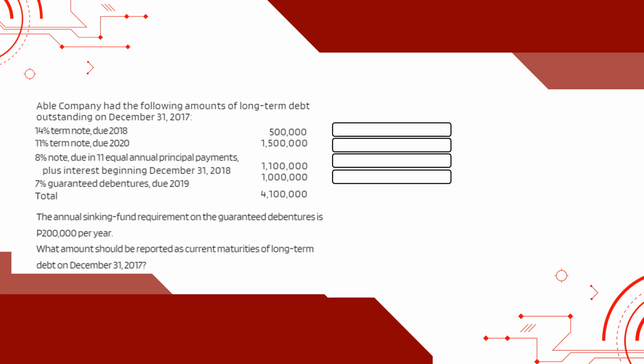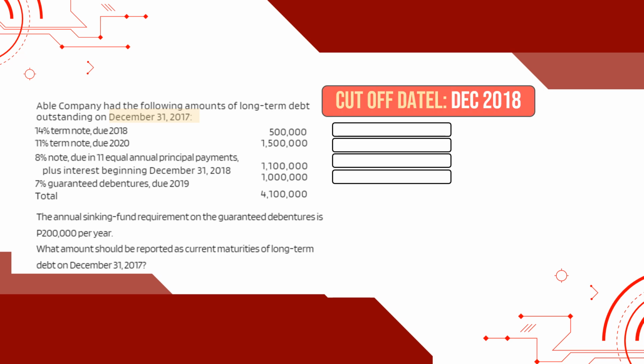So the step lang here is that first is determine the cutoff date. The cutoff date is December 31, 2017. Therefore, our cutoff date is 12 months after that. So 2018. So anything that falls before December 2018 and you do not have the right to defer will fall under current liab.